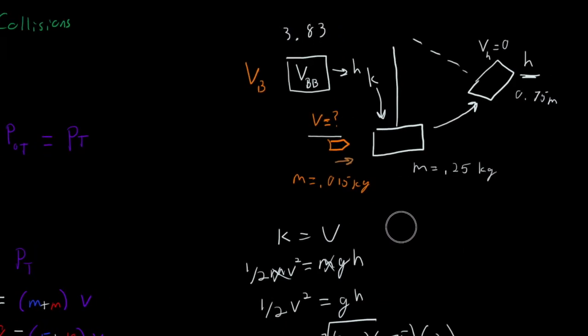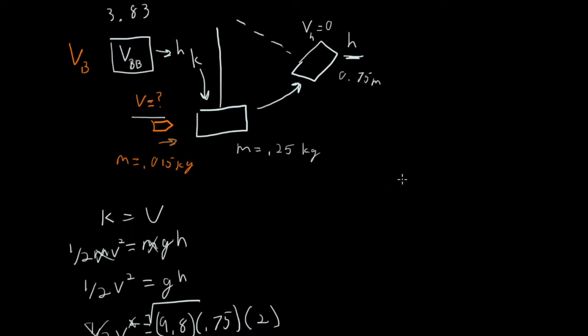And so now I can set up an inelastic collision. Here I'm going to have my mass times my velocity, plus the mass times initial velocity, v naught, of this guy, will be equal to the mass of the ballistics gel plus the mass of the bullet, times that final VBB, ballistics gel and bullet.